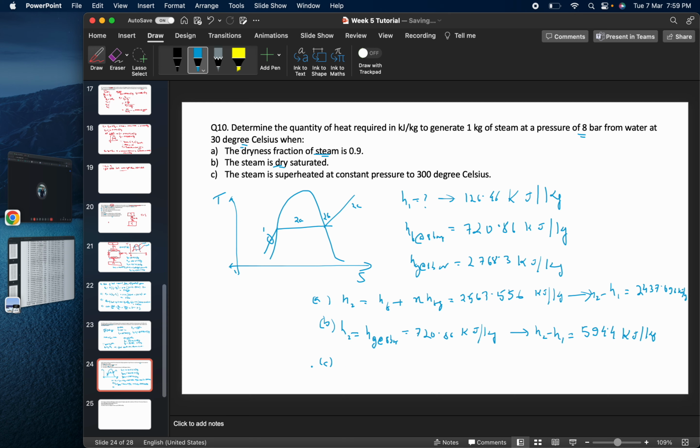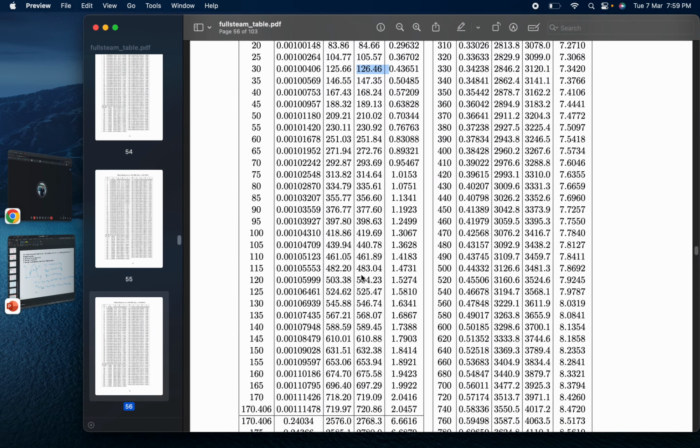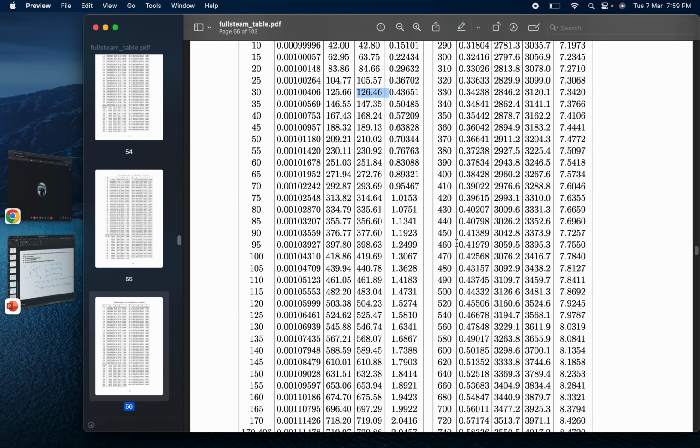Then case C: the steam is superheated at constant pressure to 300 degrees Celsius. So at 300 degrees Celsius we look at the H value, 3056.9.